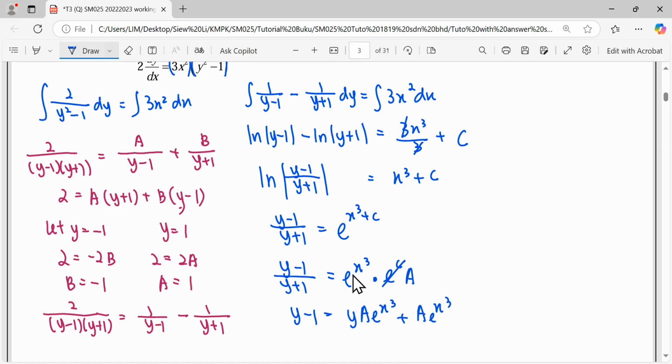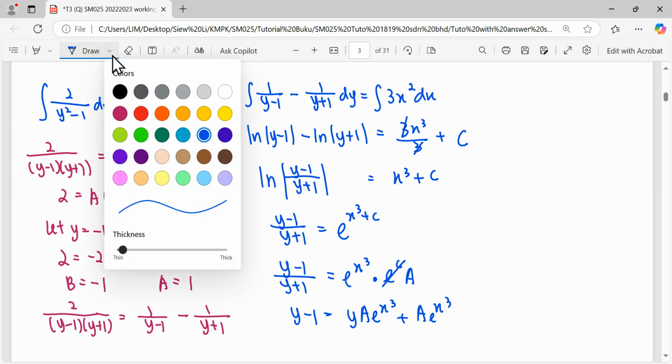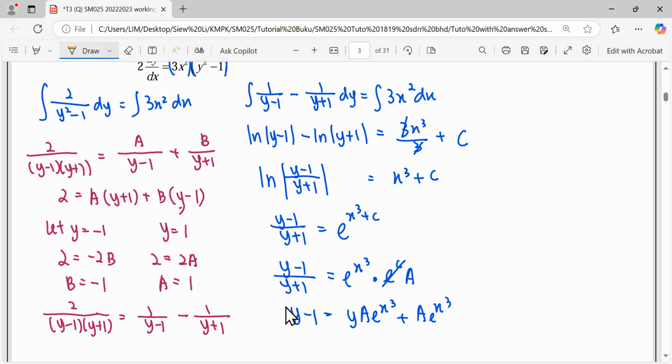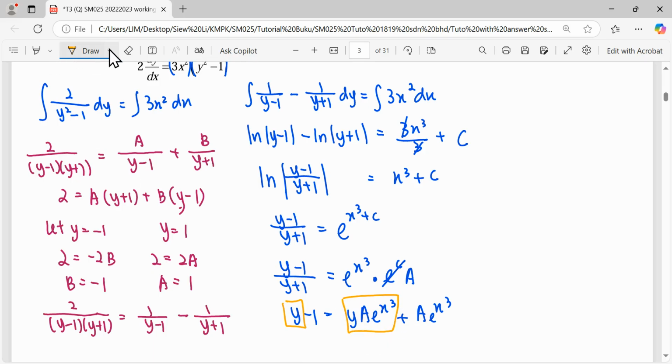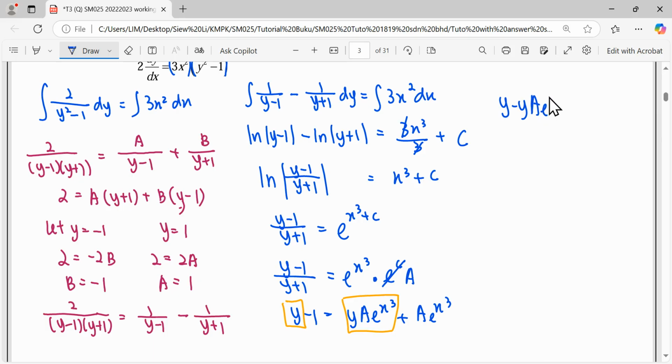So this is 1. And we collect back our terms of y here. This is our term of y. So y minus y A e to the x cubed equals A e to the x cubed plus 1. So 1 moves to the right hand side to become plus, and we factorize out our y.